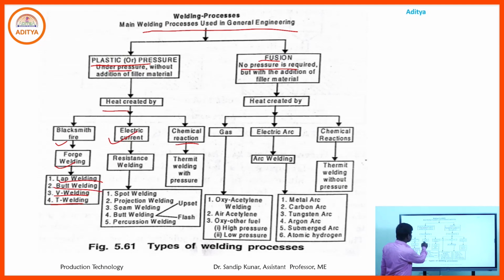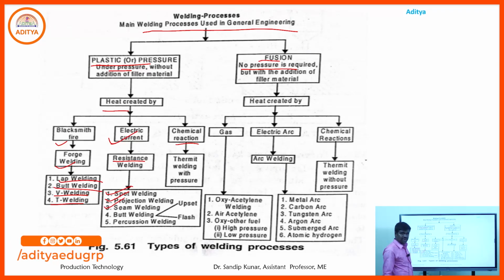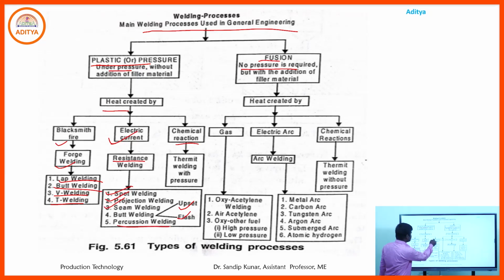Under electric current, resistance welding is there, and under resistance welding: spot welding, projection welding, seam welding, butt welding, and under butt welding, upset welding and flash welding, and the last one is percussion welding. In case of chemical reaction, under this category is thermite welding with pressure.